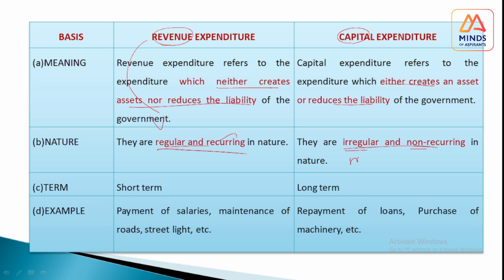For example, you are buying a machine in the first month; it is not necessary that you buy a machine every month, right? So this comes under capital expenditure. Also, revenue expenditure is short term in nature, whereas capital expenditure is long term in nature. These are the examples.